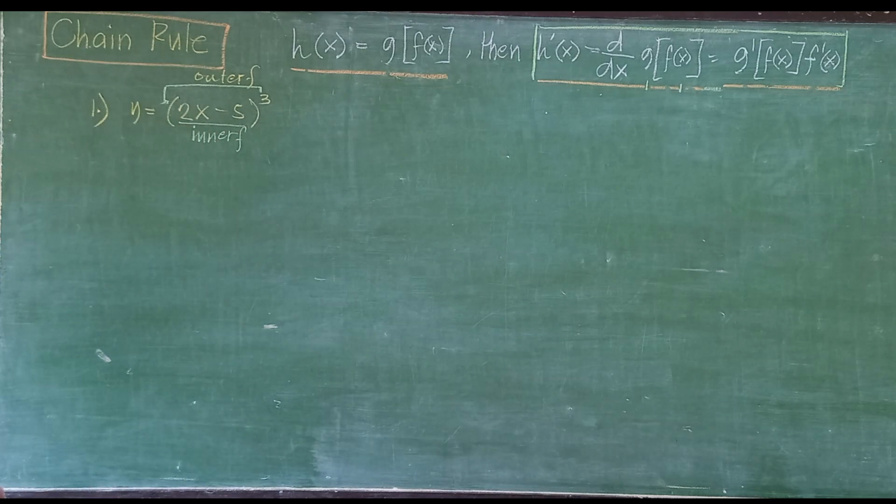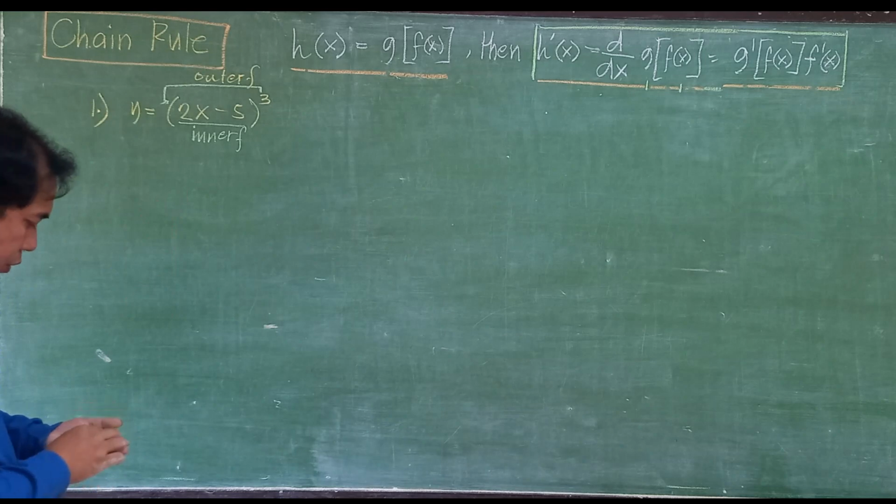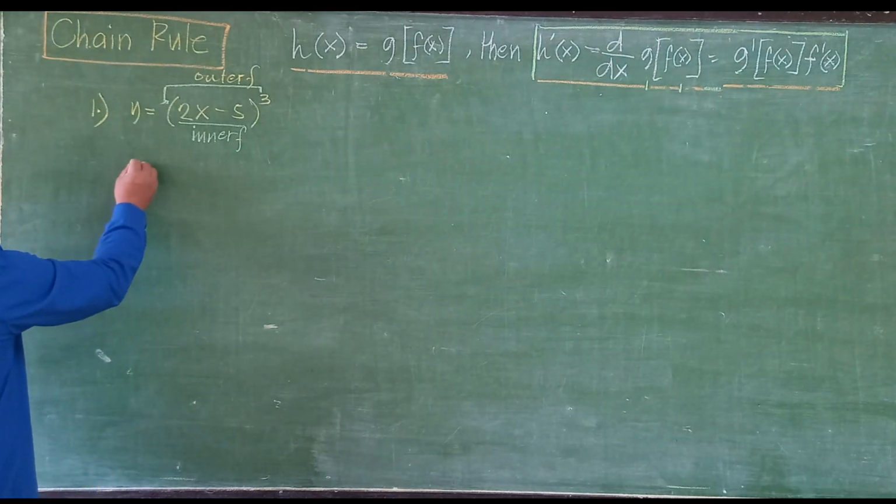After identifying them, we can now elaborate the derivative, or the chain rule.